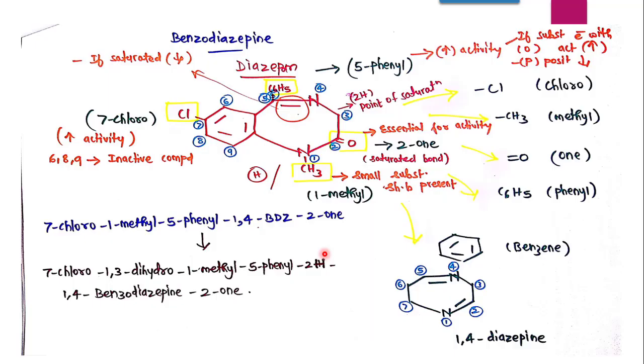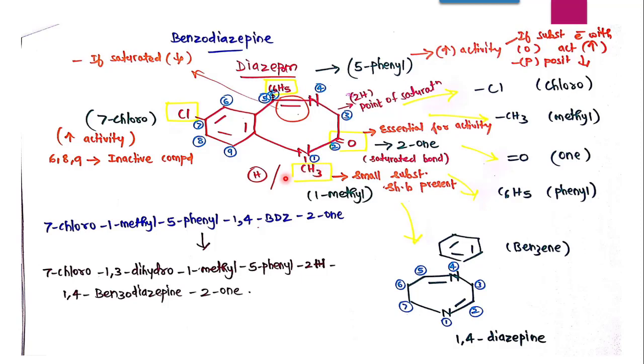Now for this benzodiazepine, the SAR points which we are going to cover. From the activity point of view, what are the structural features which are important? We will come one by one. At first position, there is presence of a small alkyl substituent, that is methyl.